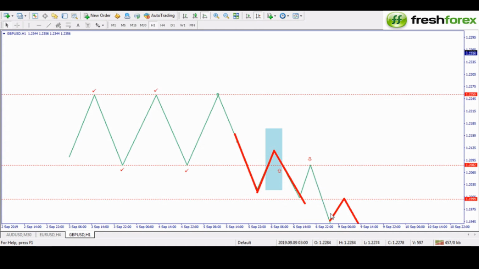So look at how price was going from this swing high to this swing low. Look at how price was going downwards. This move, retracement, some move, retracement, some move down. We have a very good support. It's a break below.